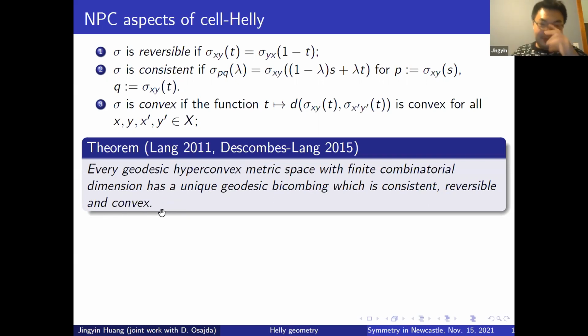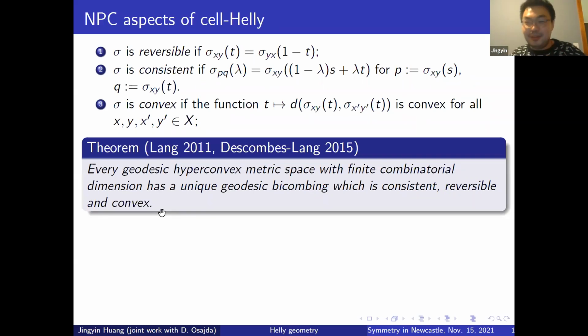The example to have in mind is the L infinity space. What is the most natural geodesic bicombing you want to assign? Because it has a linear structure, if I give you two points, you just connect them by the straight line.